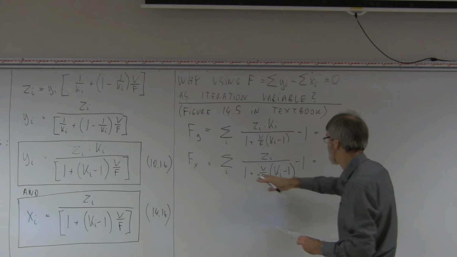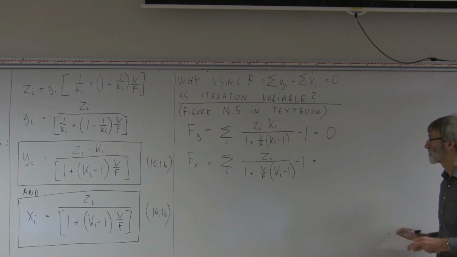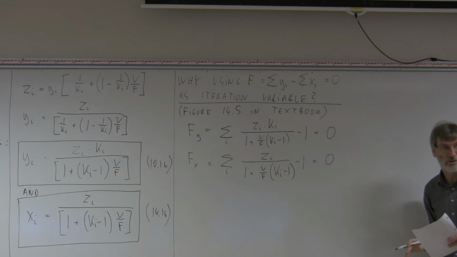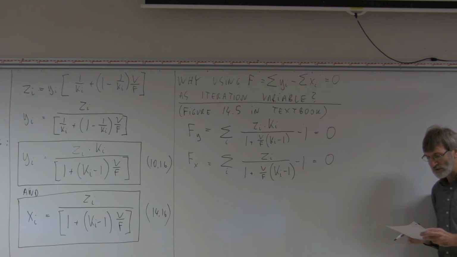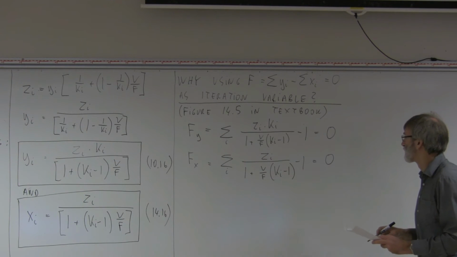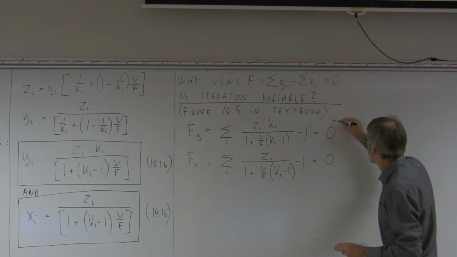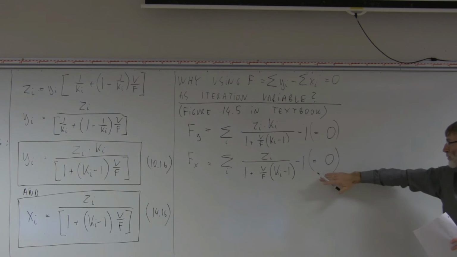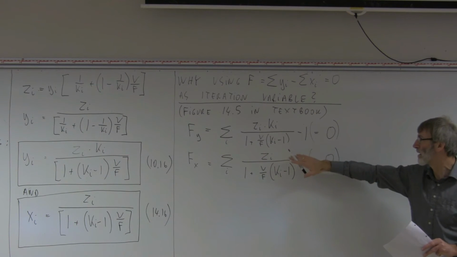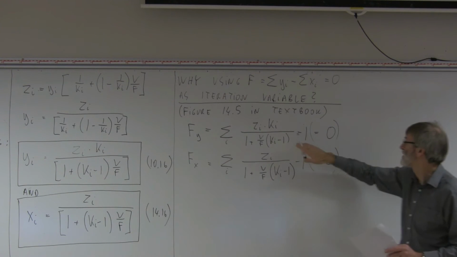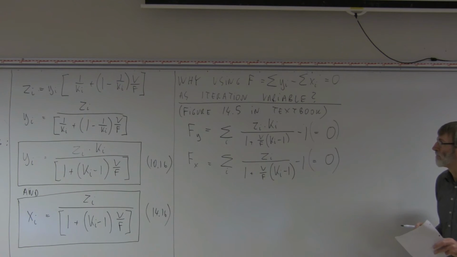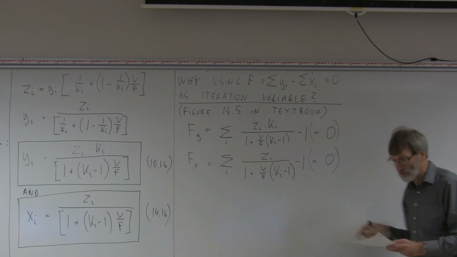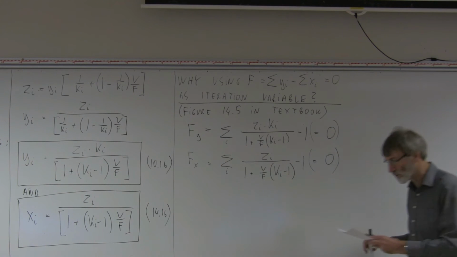And since that sum should be 1, we can subtract 1 and say that that should be equal to 0. We can just say that f_y is this sum minus 1 and f_x is that sum minus 1.